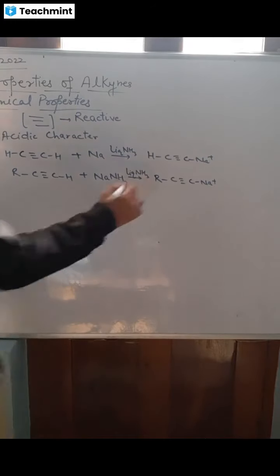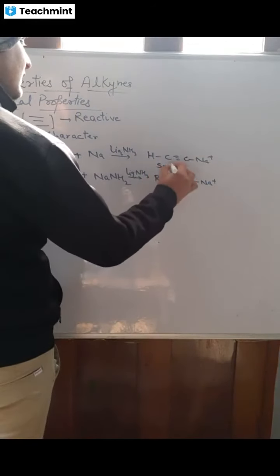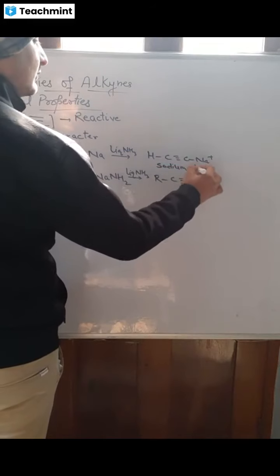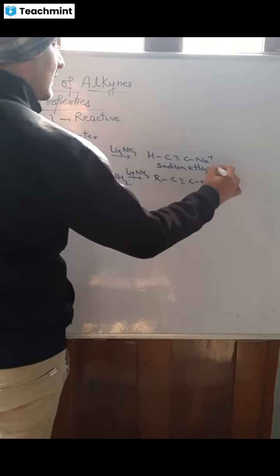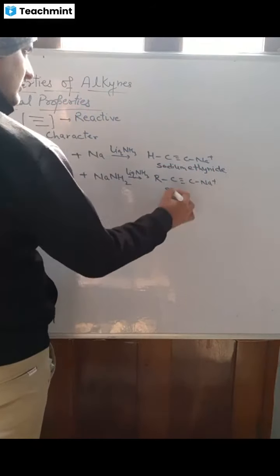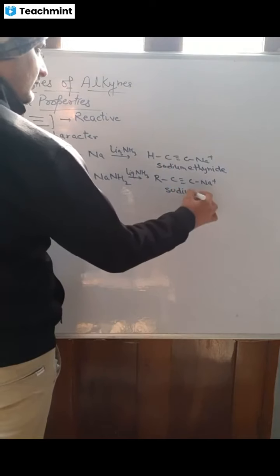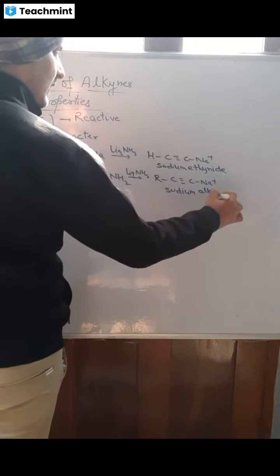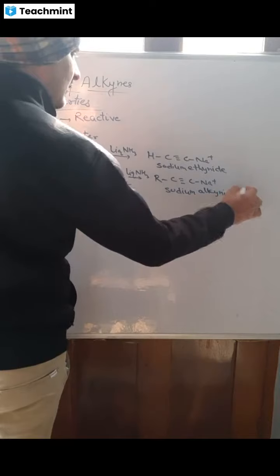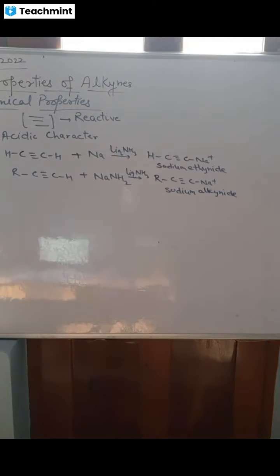और सोडियम एल्केनाइड क्या बना सकते हैं लोग, सोडियम एथेनाइड और सोडियम alkynide, but these cannot be prepared from alkanes and alkenes.